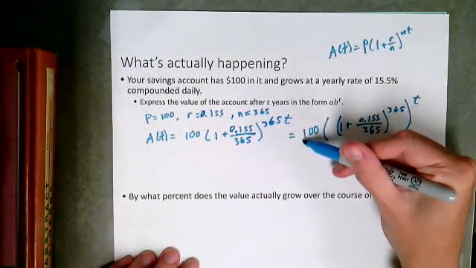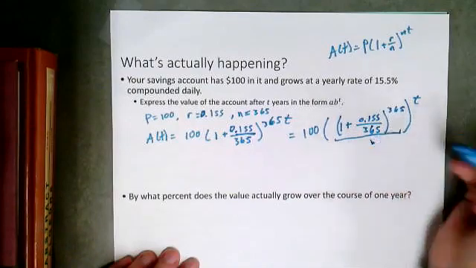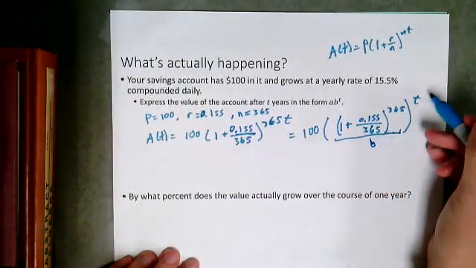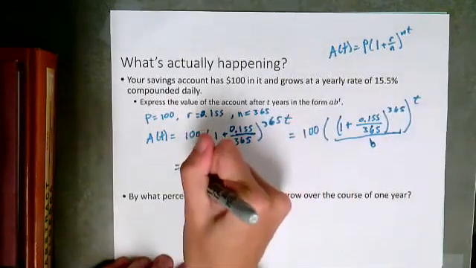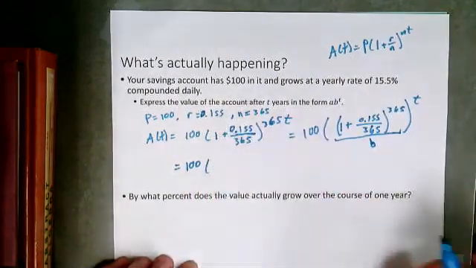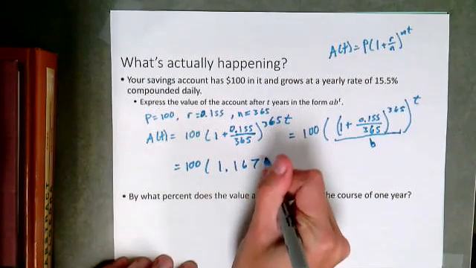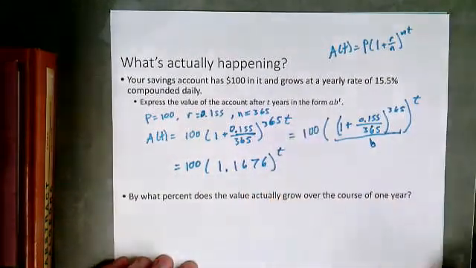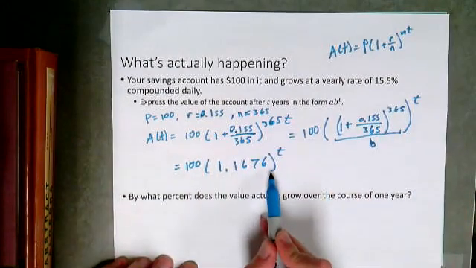So this is our A, this is our B, and that's to the t, right? So this approximately equals, if you round off, 100 times 1.1676 to the t.